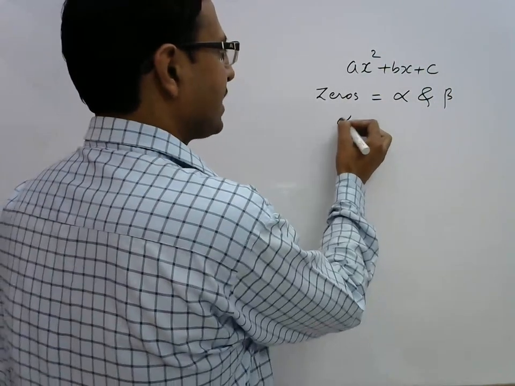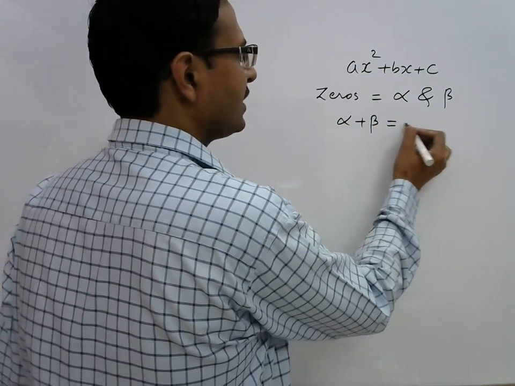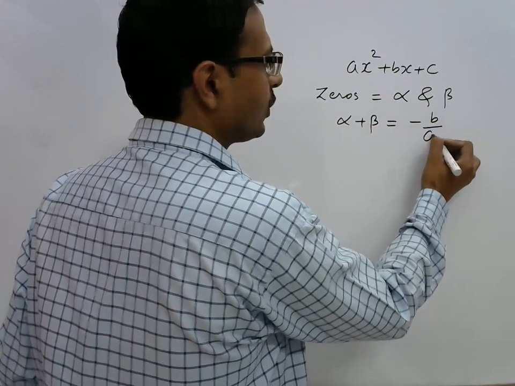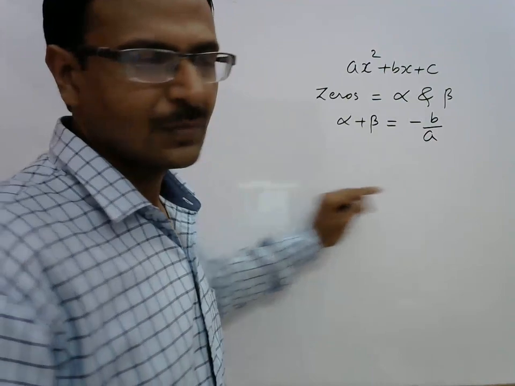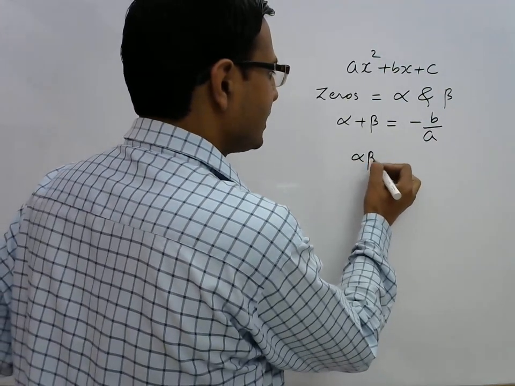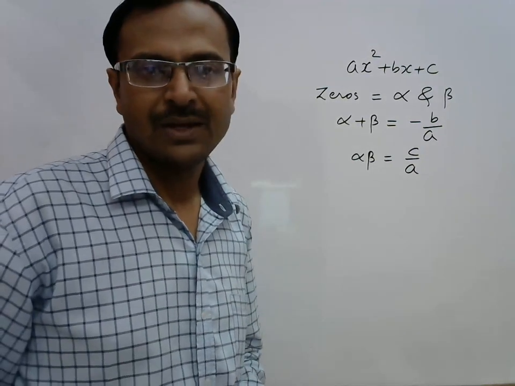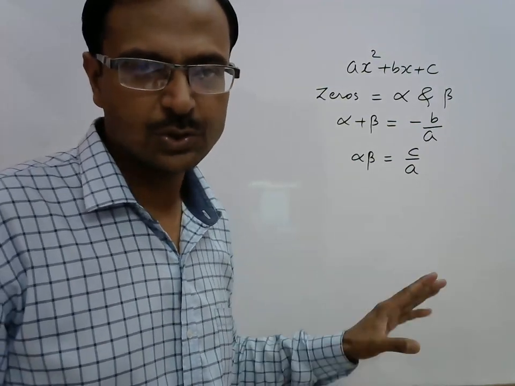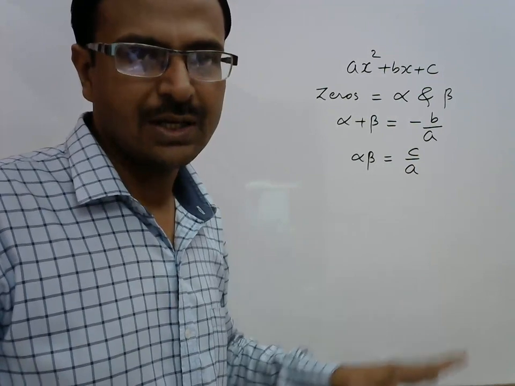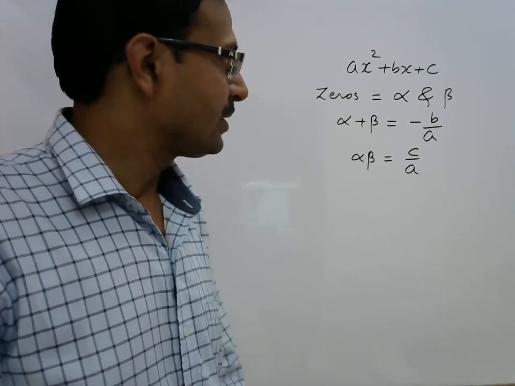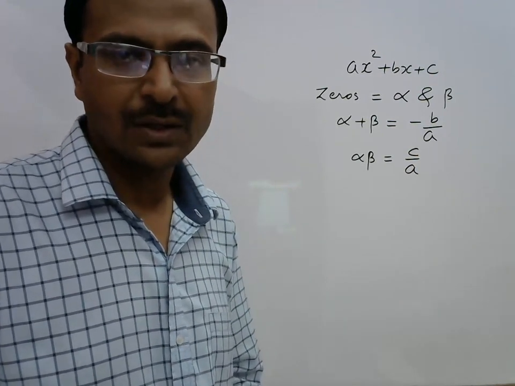Always the sum of zeros, that is alpha plus beta, is obtained by negative coefficient of x upon coefficient of x square, and the product of zeros, alpha beta, is obtained by c upon a. This is a concept which we are going to use today in some of the problems related to the chapter on polynomials.